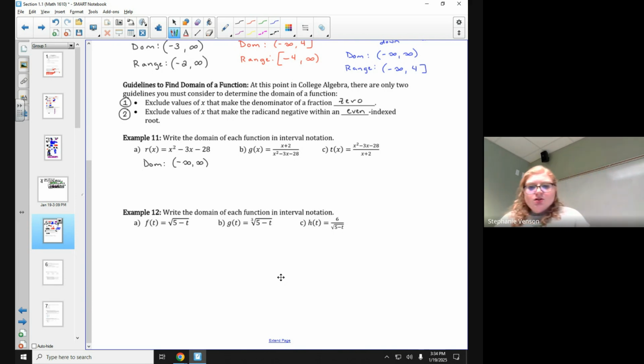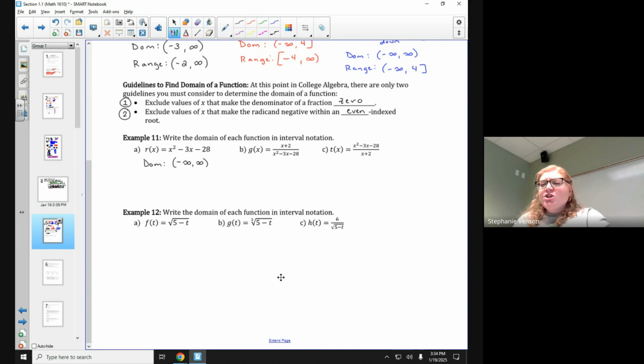But now let's look at 11b because it's going to show us what we need to do when we do have an x in the denominator position. How do we figure out the domain when there are x's or a single x in the denominator position? So g of x says x plus 2 over x squared minus 3x minus 28.